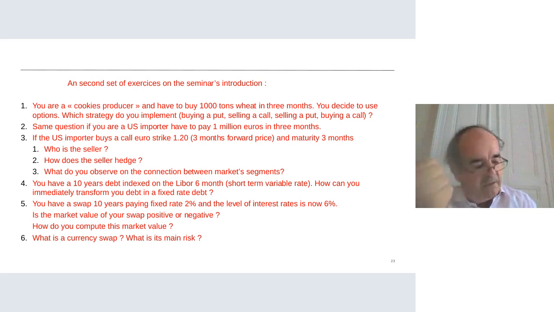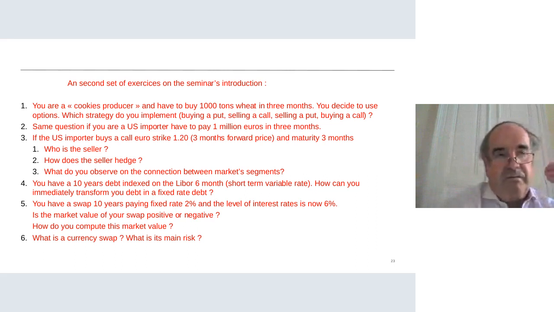Second step, who is the call seller? The bank. The bank sells the right to buy euro at 1.20. It loses money if the euro moves up. For hedging, the bank buys euro. But if the bank buys euro, what does the euro do? It moves up.